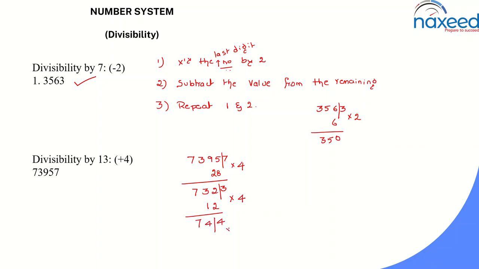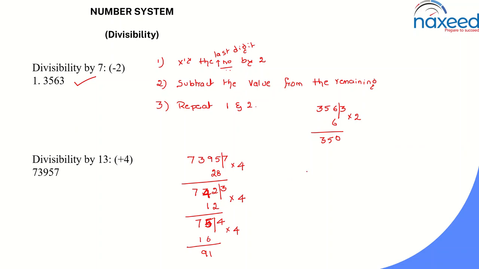Take the last digit. Multiply it by 4. You will get 16. 4 4s are 16. Add it to 75 and you get 91. 91 is 13 times 7, so this number is divisible by 13.